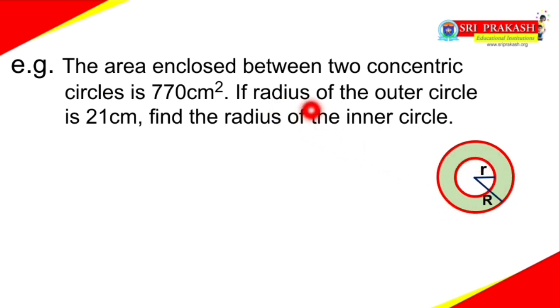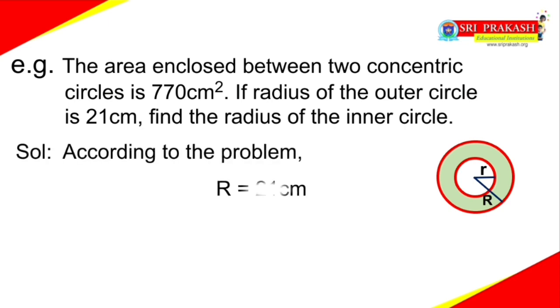Next, the radius of the outer circle, capital R, is given as 21. We need to find the radius of the inner circle. So let us start. According to the problem, capital R is equal to 21 centimeters. Next, the area of a ring is equal to 770 centimeters square.